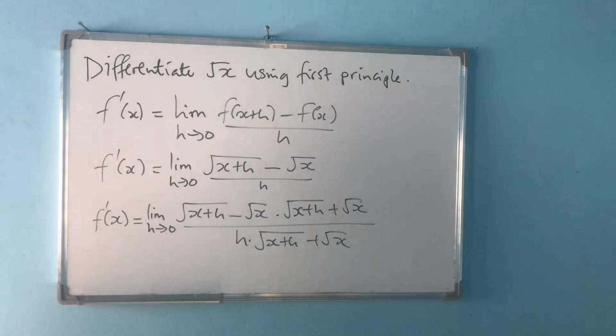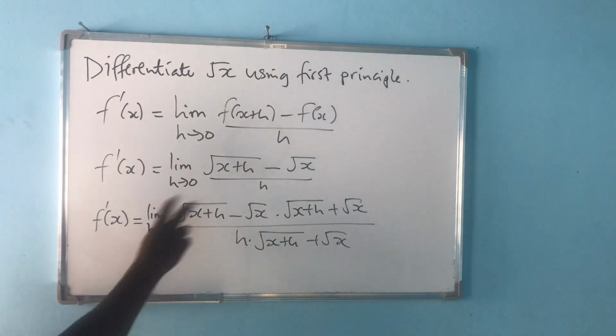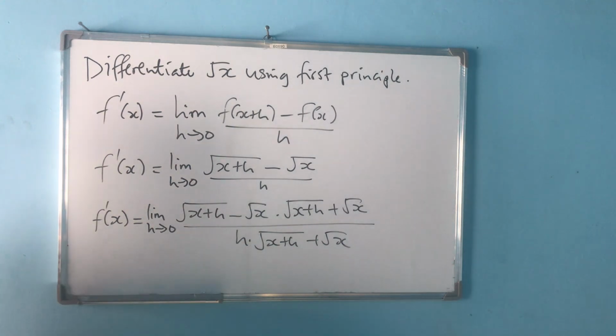We are multiplying like this to get rid of the square roots, so that it becomes much easier.